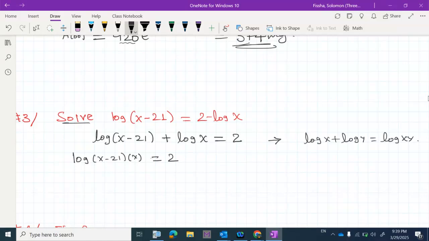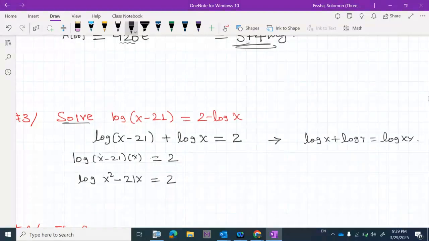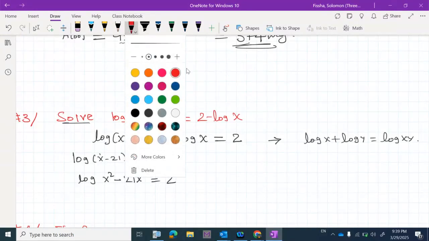So this is going to be again log of x times x is x squared, minus 21 times x is minus 21x, equals 2. Now, this logarithm doesn't have a base, so by default this is the common logarithm.